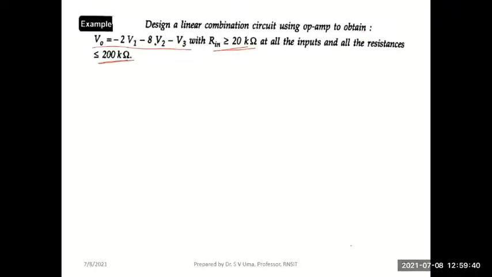So what circuit should I design? Is it a summing amplifier, a scaling amplifier or averaging? What circuit is this? Look at this expression for V0. V0 is minus 2V1, minus 8V2, minus V3.